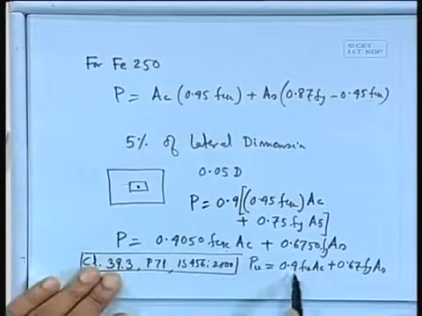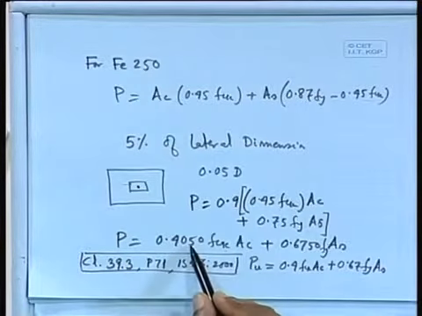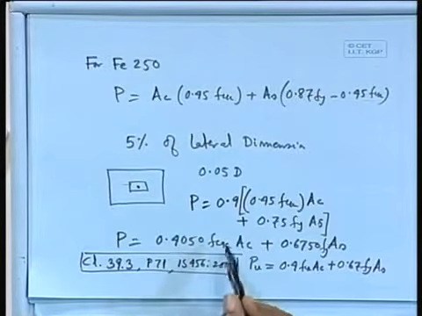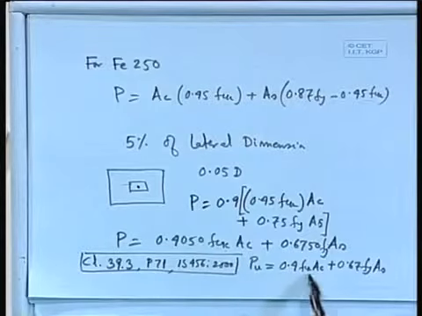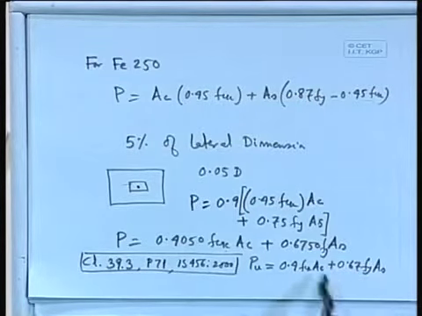So our code says 0.4 fck Ac plus, we have reduced this one by another 5%, 0.67 fy As. So this is the maximum allowable.